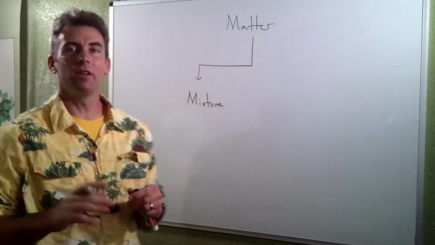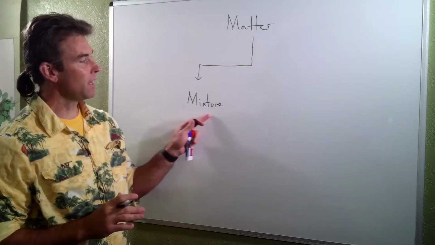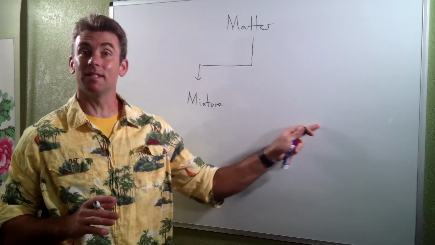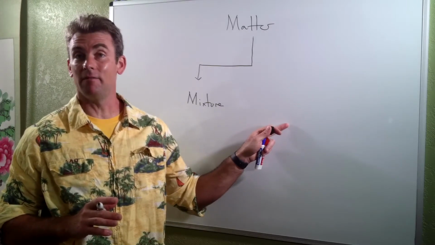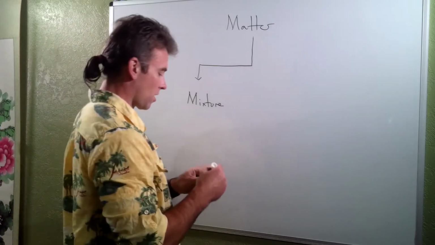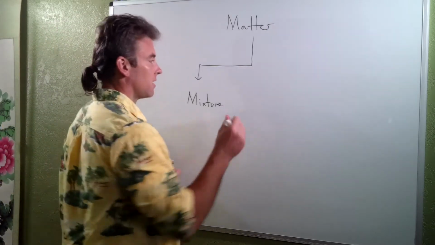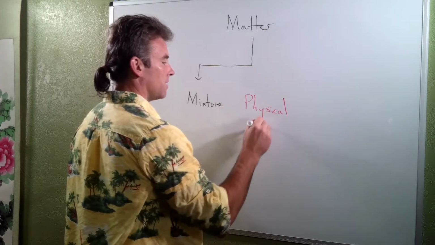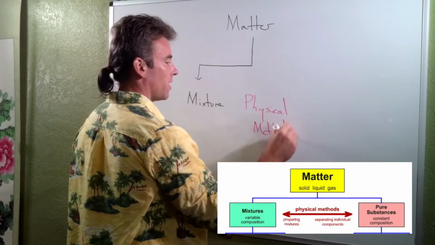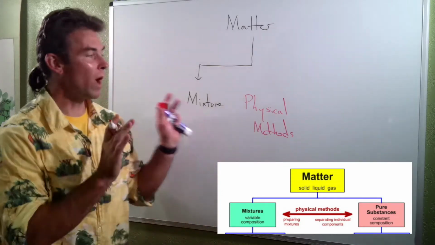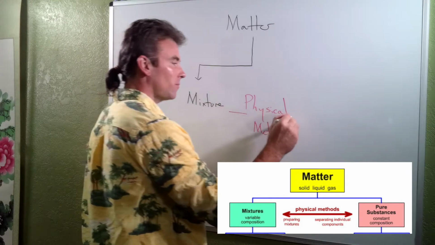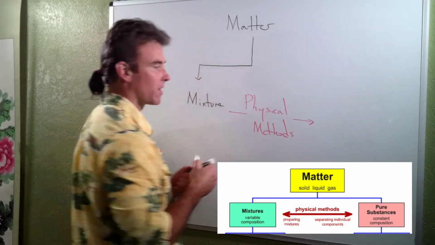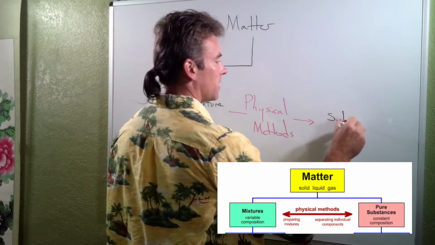And if you remember a little bit of this diagram, in between the mixture and the three substances that this mixture is made of, we had this really important word, which was physical method, or methods, right? So the way that we take a mixture and separate out each individual substance is with some kind of physical method.